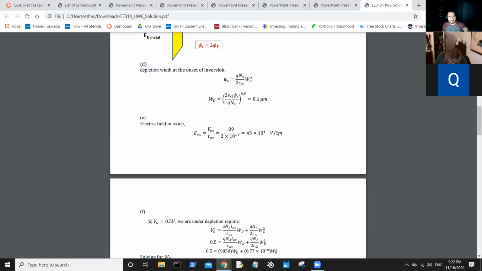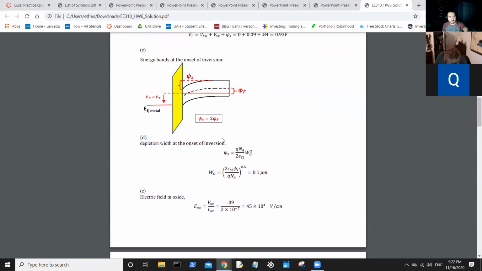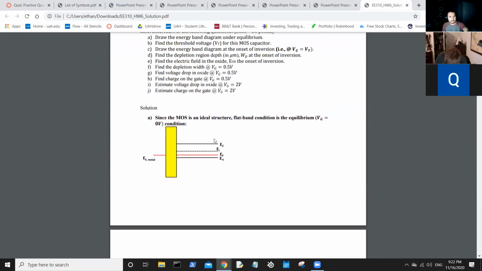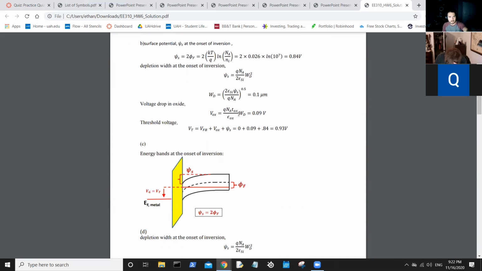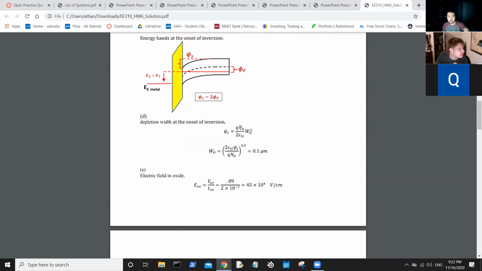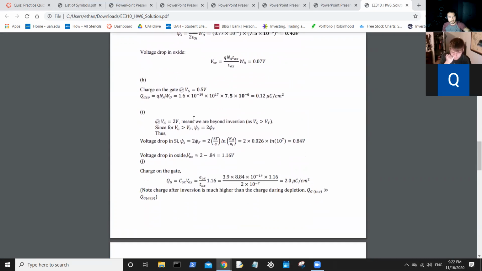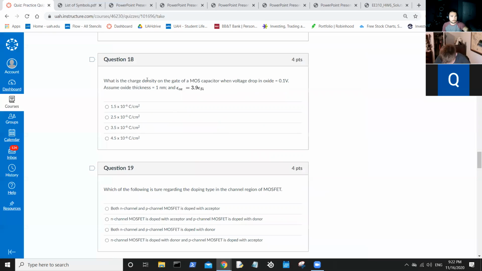The reason WD is important is because since he gave us VOX, we can go back to the VOX equation, and we see that WD is a component of it. So we need this in order to solve back for WD. We would rearrange the equation to solve for WD, take WD and put it into our charge equation, and solve across, and then it'll give you a value.